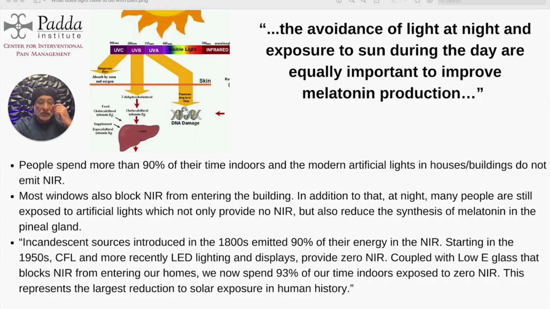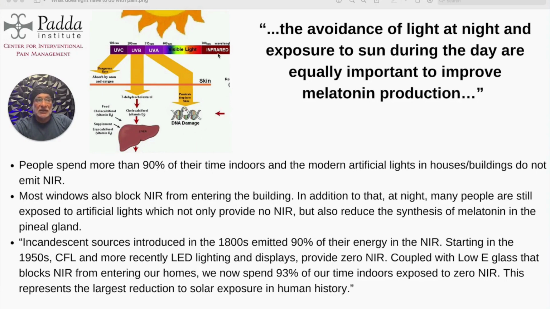Without that melatonin, we have severe dysfunction in our mitochondria. And this leads us to increasing risks of things like metabolic inflammation, metabolic syndrome, obesity. This leads to increased risks of cancer, independent of the fact that we're no longer exposed to the UVA, which is the skin cancer, which is related to DNA damage.